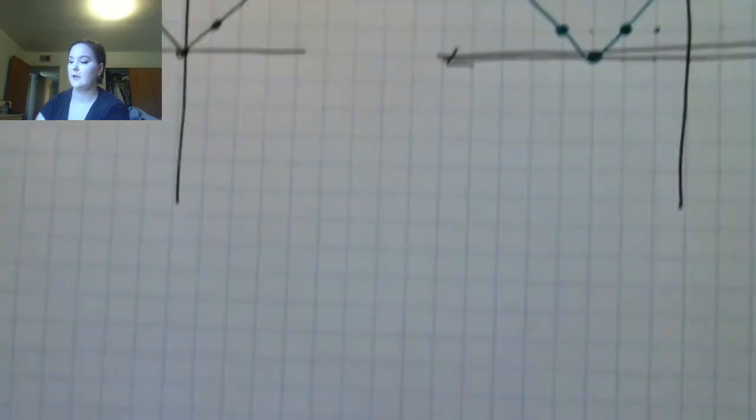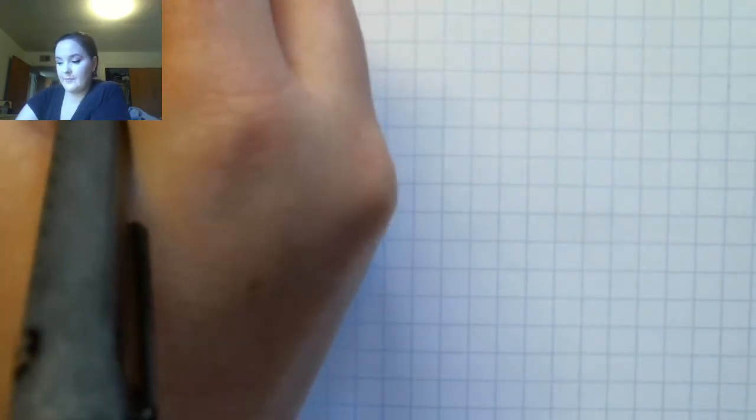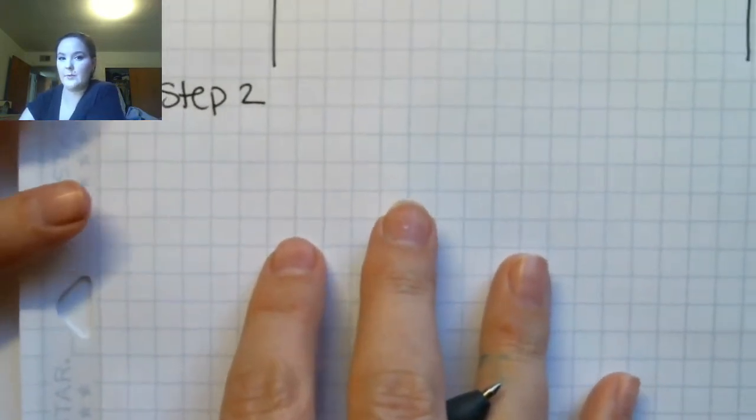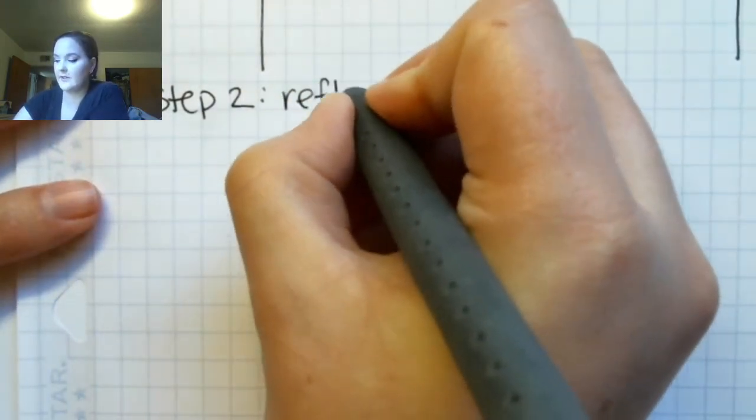All right. Then we're going to look at our second step, which was reflect. So we're going to reflect the y coordinates, which is across the x-axis.